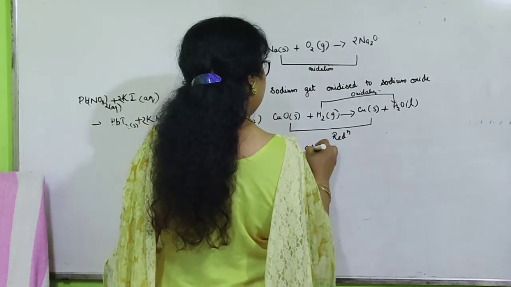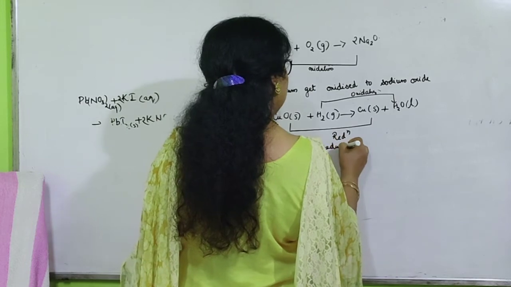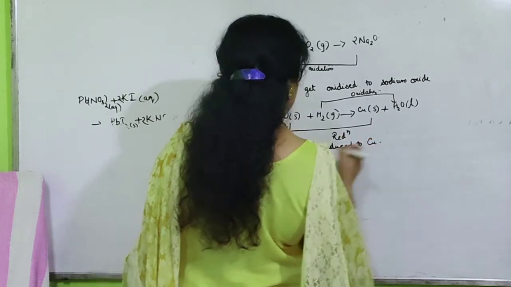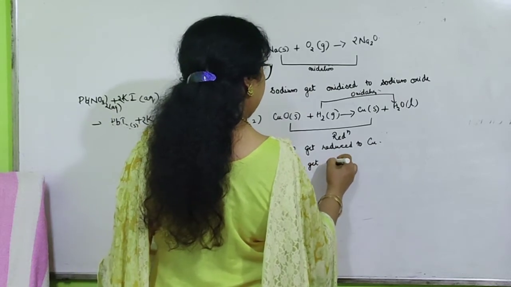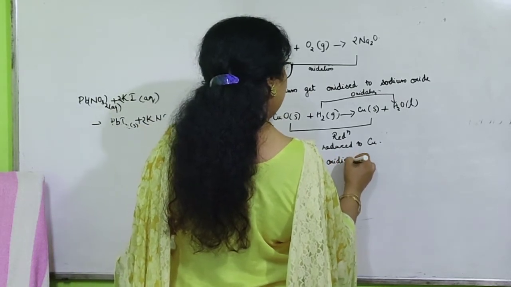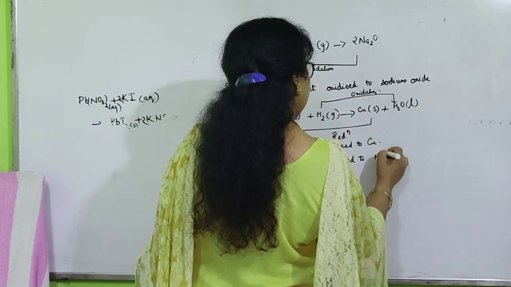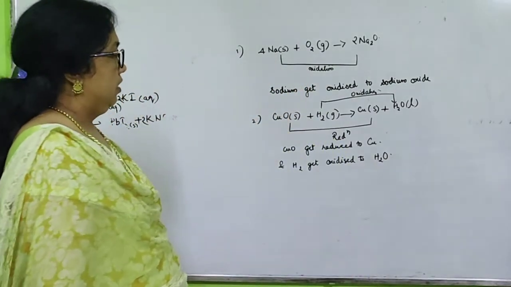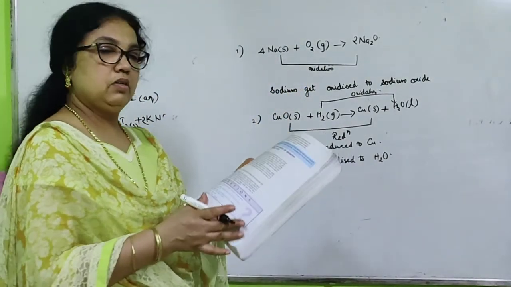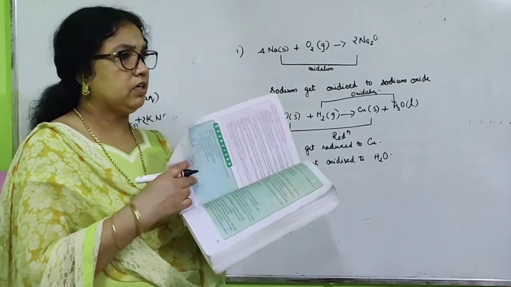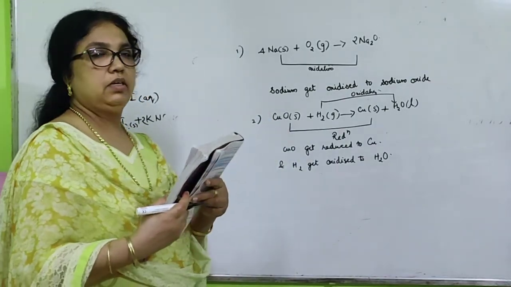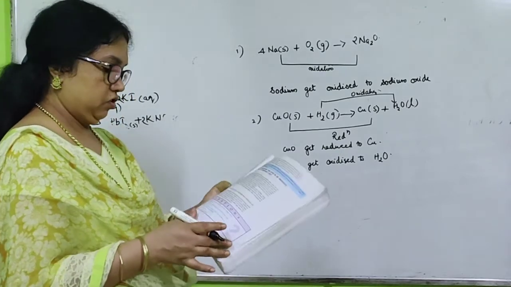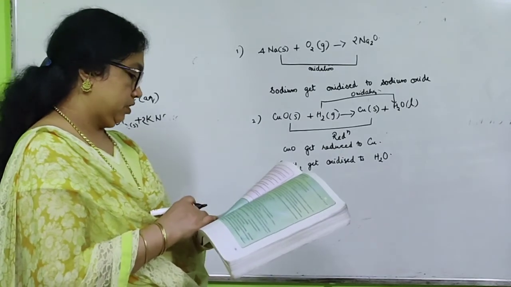CuO gets reduced to copper, and hydrogen gets oxidized to water. So these are the reactions. Which one gains oxygen, that is oxidation, and which one loses oxygen, that is reduction. From that you can understand it.